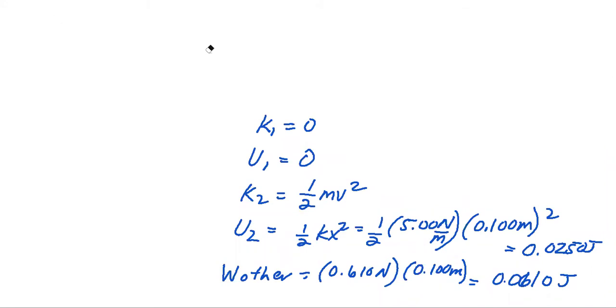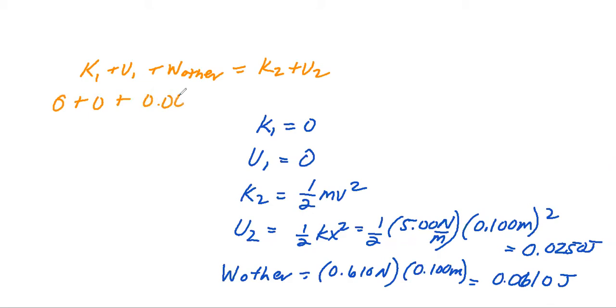And U2 is going to be equal to 1/2 kx squared, which is 1/2 times 5.00 newtons per meter times 0.100 meters squared.